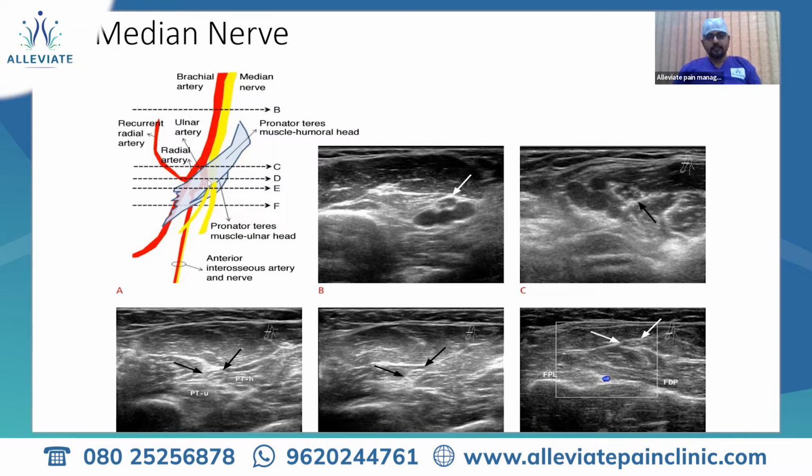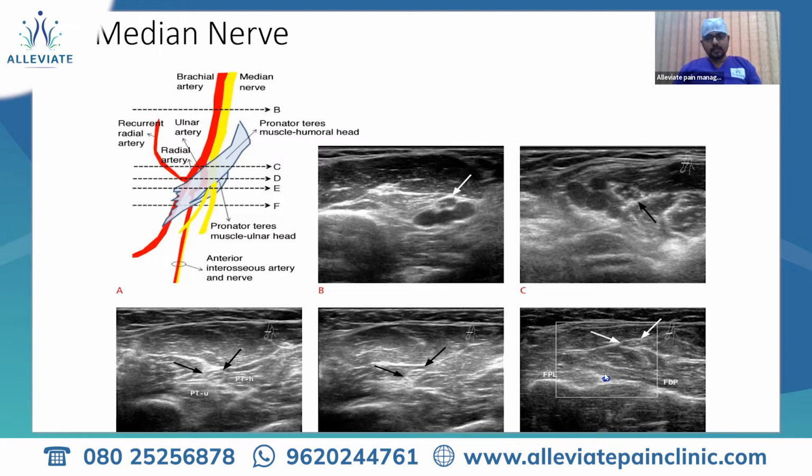Okay, and that is where it gives off the anterior interosseous nerve and then the deep nerve, the sensory and the motor part. This is the picture where that is happening, at the proximal end of the pronator teres muscle. You can see the two heads, the ulnar head and the humeral head, and it is dividing over there.